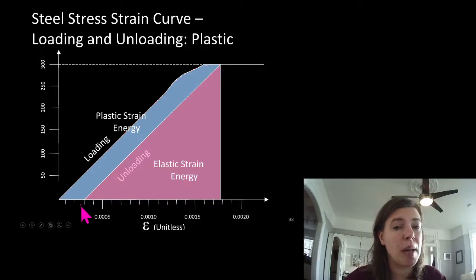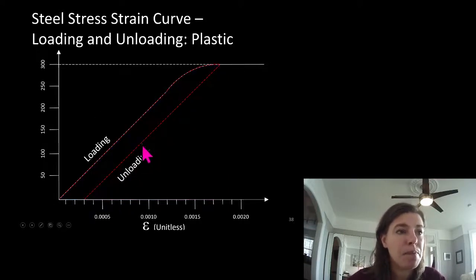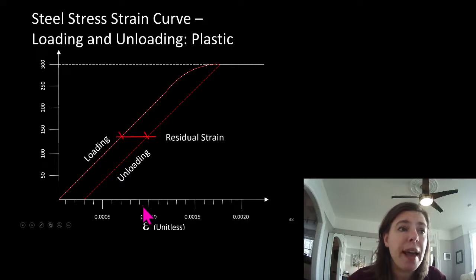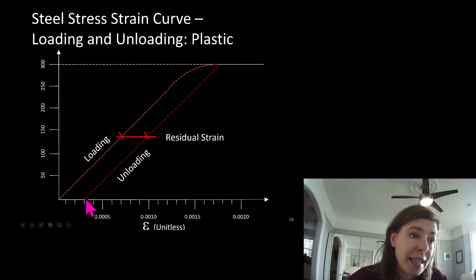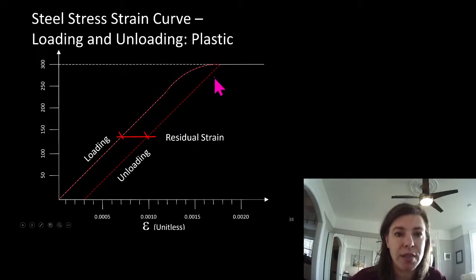Not to its original shape, but almost its original shape. That amount of strain there is what we call residual strain. So that's the residual strain of having gone into the plastic zone. This line, this slope, will follow the same slope as our modulus of elasticity.